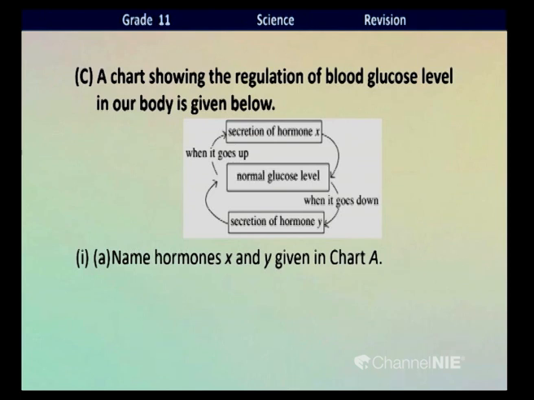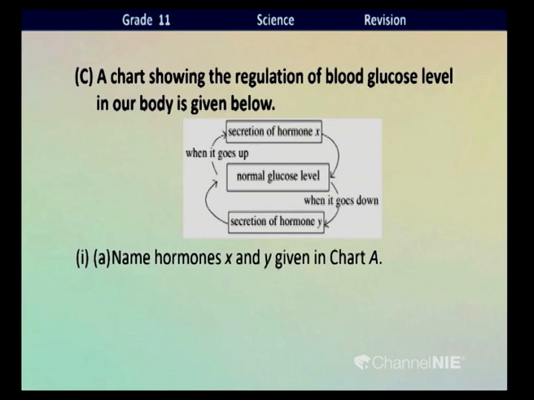A chart showing the regulation of blood glucose level in our body is given here. Here you can see, children, when the normal blood glucose level goes up, a certain hormone called X is secreted.